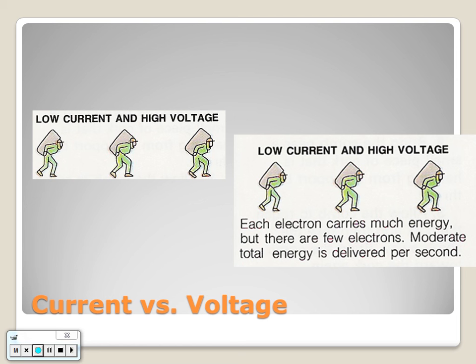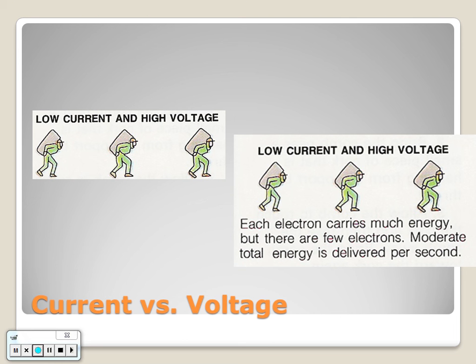An example of this would be something like a taser or a stun gun. Tasers are very high voltage, like tens of thousands of volts, 10,000 volts, 15,000 volts. Just for perspective, the wall socket is 120 volts. So each electron that comes out of a taser carries many times as much energy as each electron that comes out of the wall.